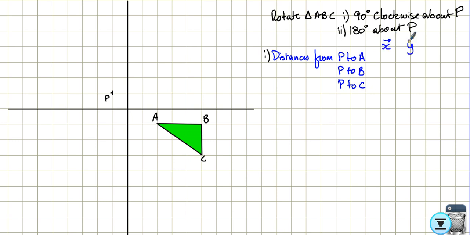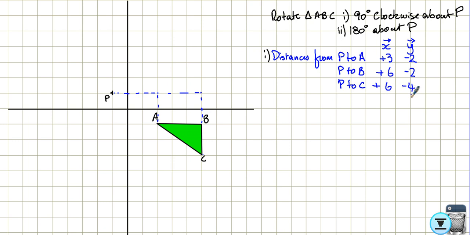So let's start counting distances. From P to A, we have plus 3 on the x, minus 2 on the y. To B I have plus 6 and minus 2. And to C I have plus 6 and minus 4.